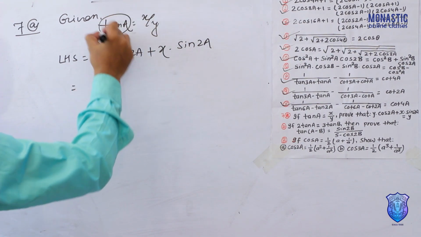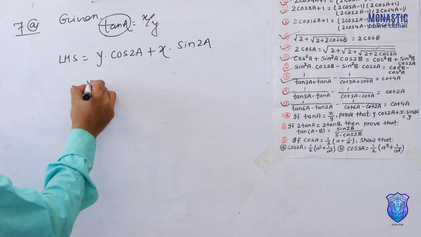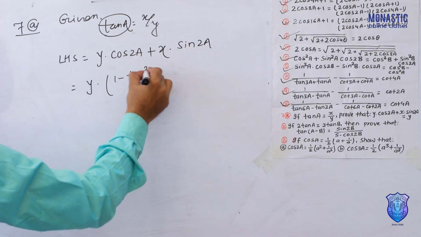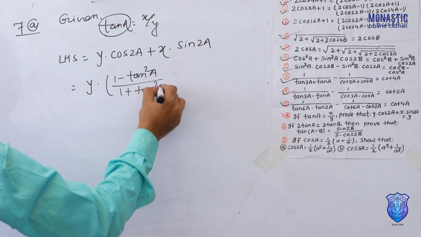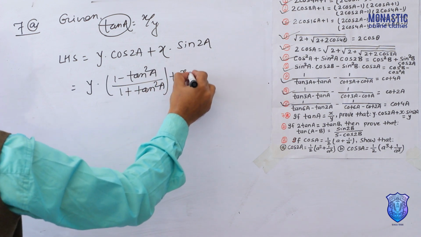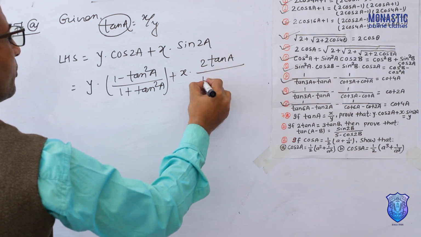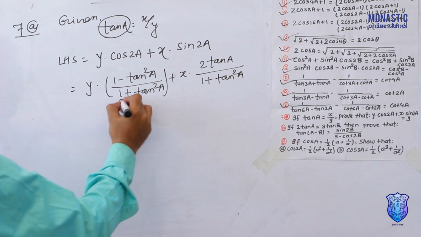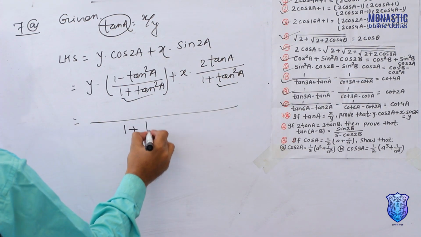When we have value of tan a, we will write the formula of cos 2a and sine 2a in tan. That is 1 minus tan square a by 1 plus tan square a. Here it is 2 tan a by 1 plus tan square a. Both of them have same denominator, so we can write 1 plus tan square a.